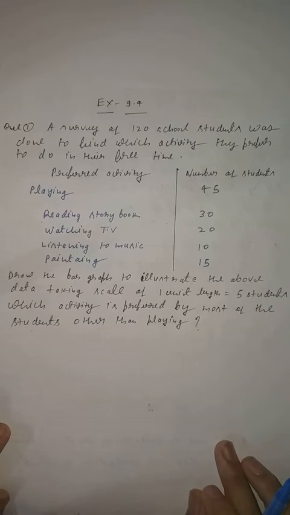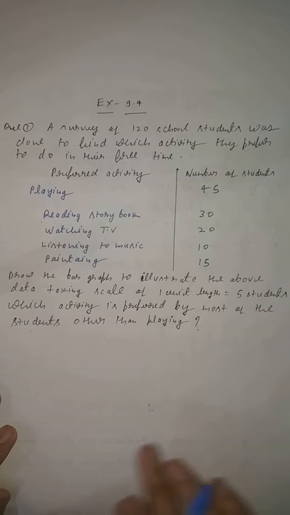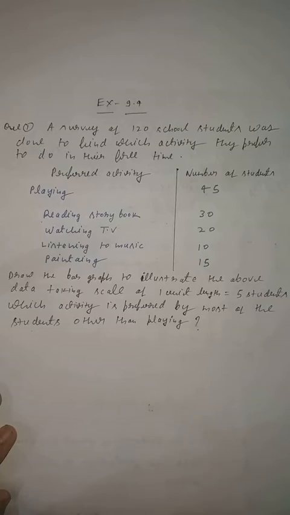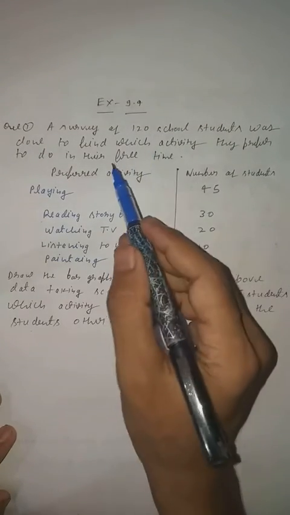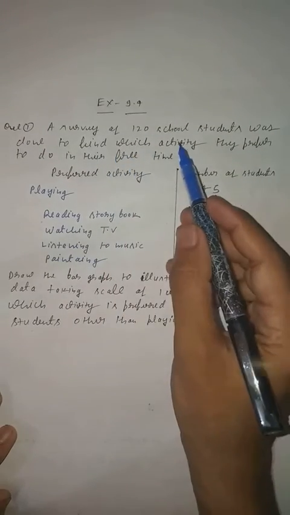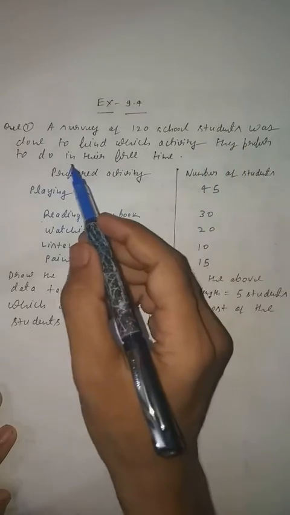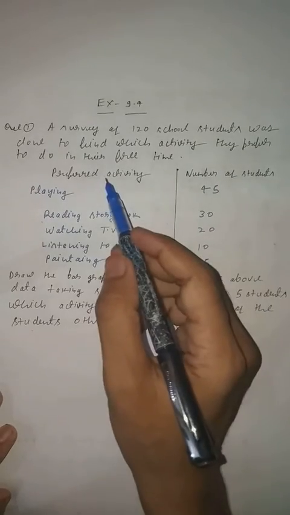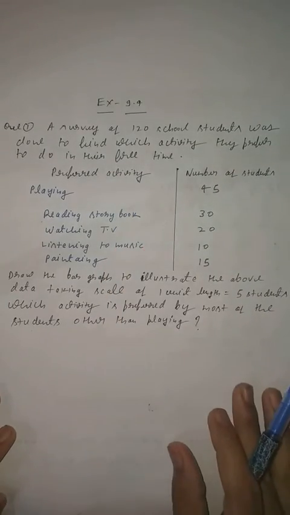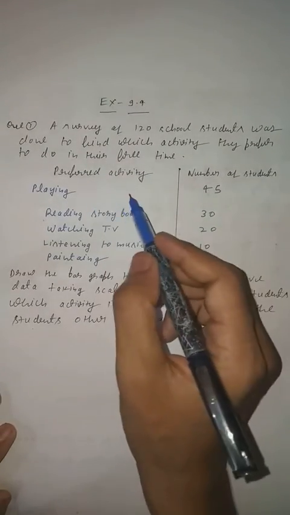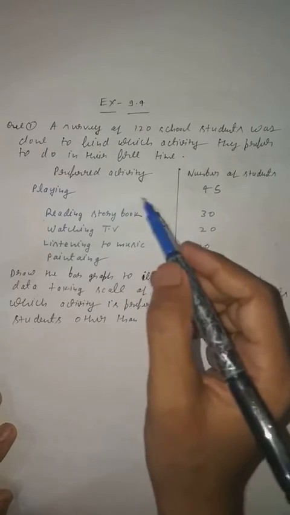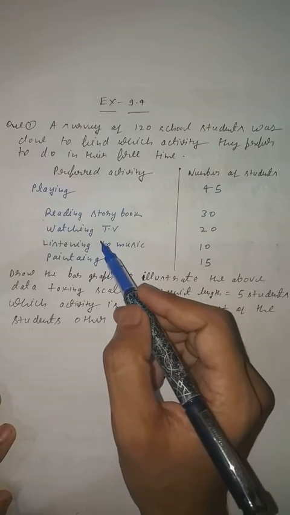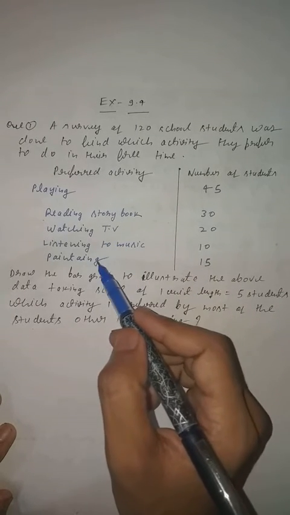So student, this is our next question, exercise 9.4. In 9.3 all questions are the same. One question I explained, the next question you will do yourself. So in this exercise what is given, student? A survey of 120 school students was done to find which activity they prefer to do in their free time. Preferred activity is given, meaning how many students prefer playing, reading, watching TV, listening to music, painting.